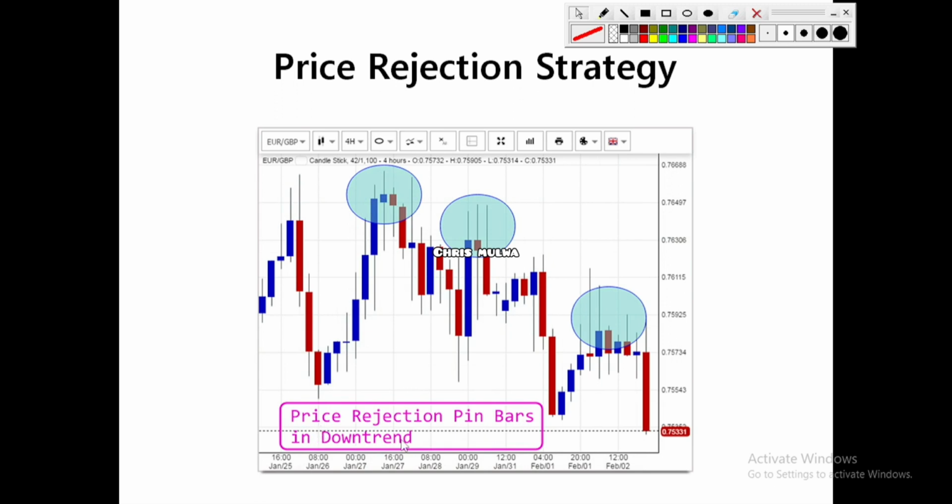On a downtrend. Okay, when the pin bars are being formed on a downtrend, check the first pin bar. The first pin bar was this. This one came. The body is very small and the tail is high, shows a reversal.